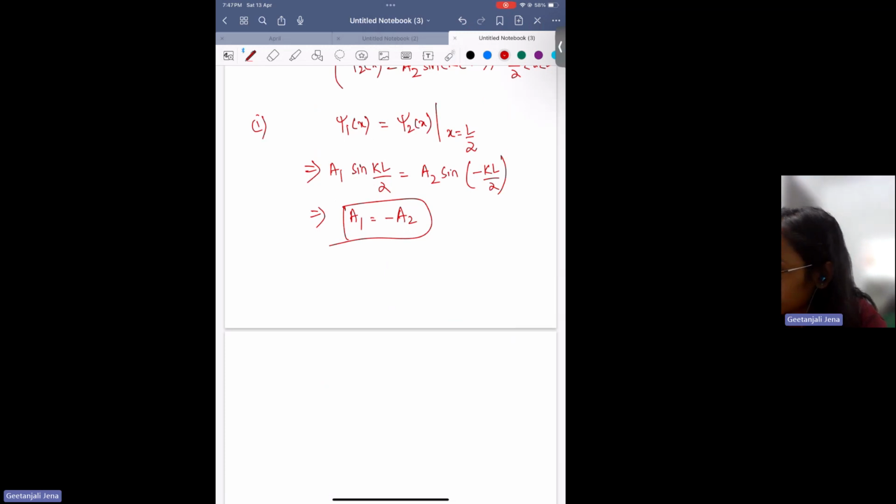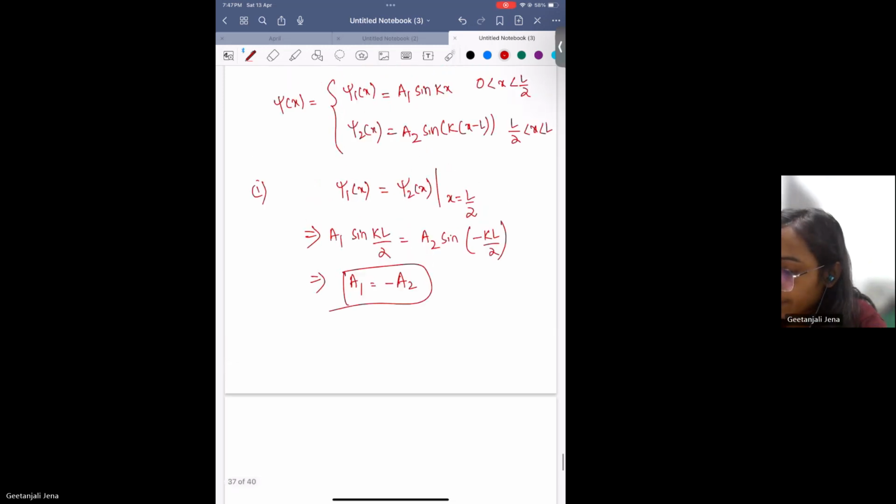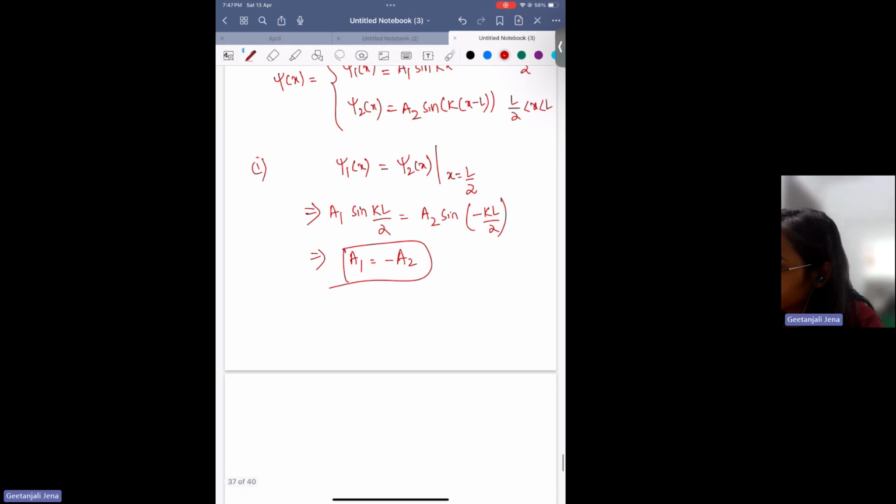The other one is the discontinuity condition. The discontinuity is d psi1/dx minus d psi2/dx at x equal to L/2 is equal to minus lambda times psi at L/2.